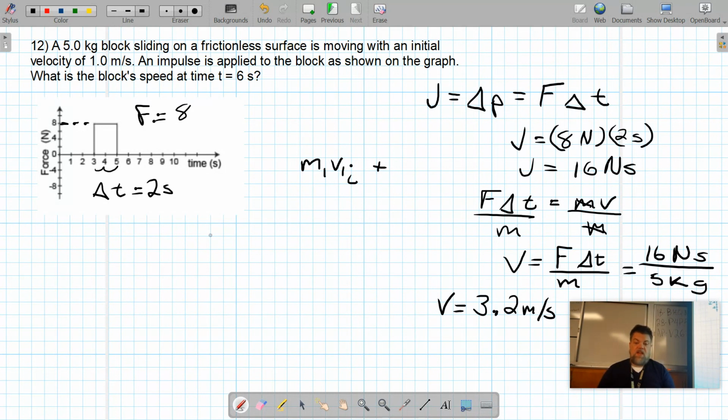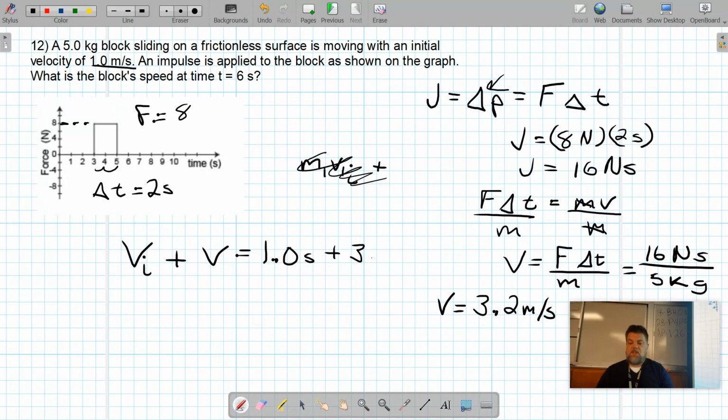So now if you want to find the final velocity, we would do this a little differently. Our final velocity would be our initial velocity plus our increase in velocity. In other words, our initial velocity is 1 meter per second, plus the increase in velocity, because this is technically delta p, delta momentum.